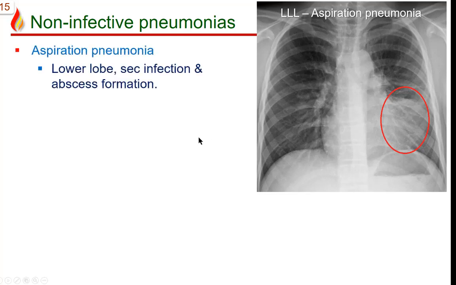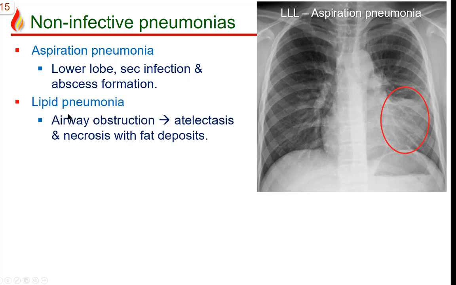Non-infective pneumonias, wherein infection is not the primary thing, that is aspiration pneumonia, usually lower lobes. Secondary infection can occur. Lipid or lipoid pneumonia is due to airway obstruction, atelectasis, and necrosis of tissue, with fat deposits from the dead tissue.